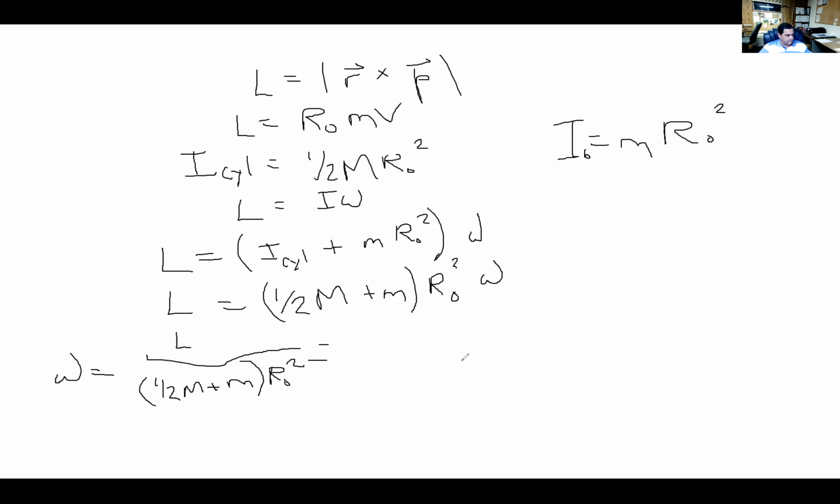Again, angular momentum up here, I'm going to substitute mvR0 for angular momentum, divide this by the 1/2 m plus m, cylinder plus the bullet, R0 squared.